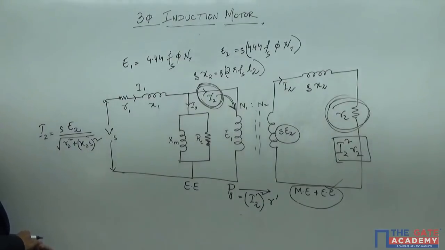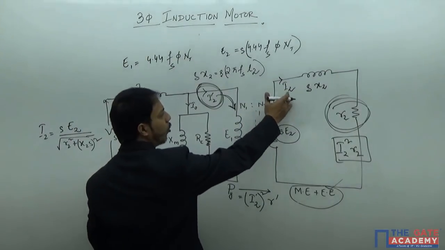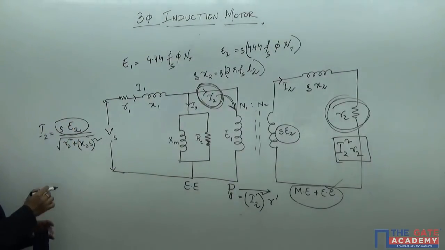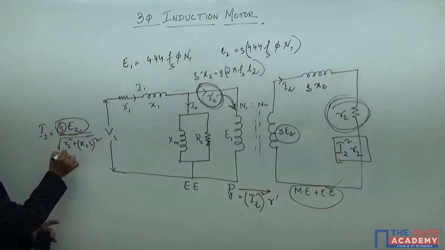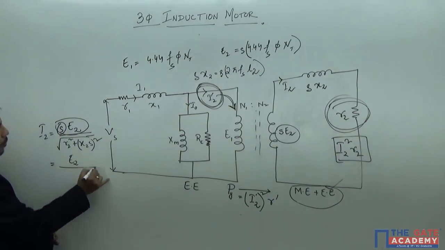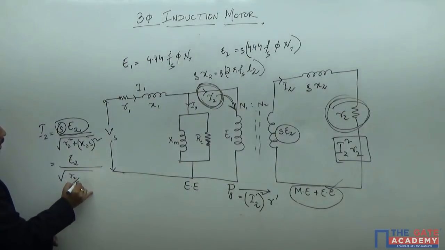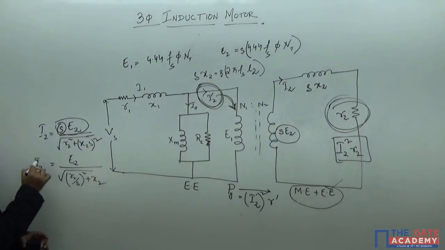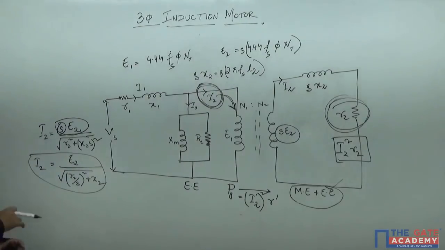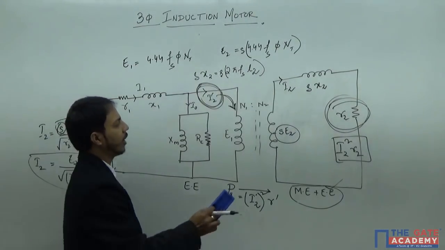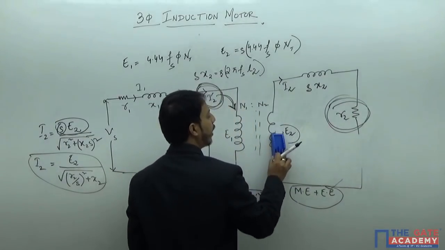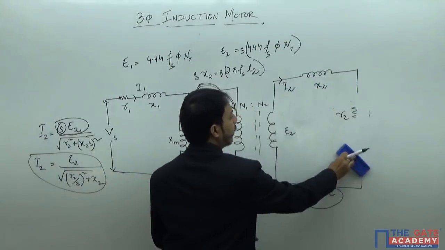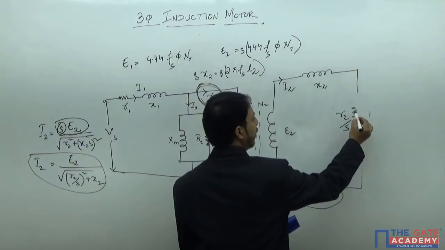Now, keeping the current the same, I need to remove the S here. So what I can do is bring this S to the denominator, and it becomes R2 by S whole square plus X2. See, the equation is the same. The value of I2 has not changed, but instead of writing S E2, I've removed the S from the numerator and kept it in the denominator.